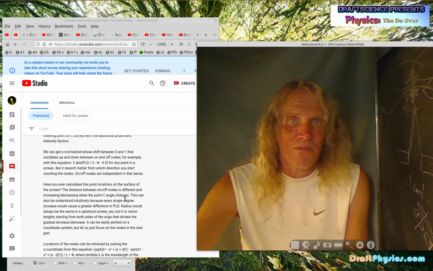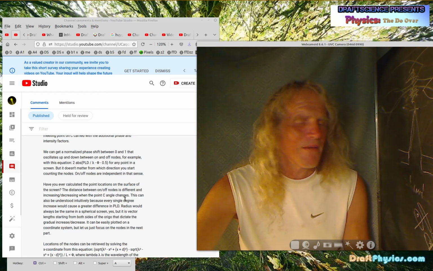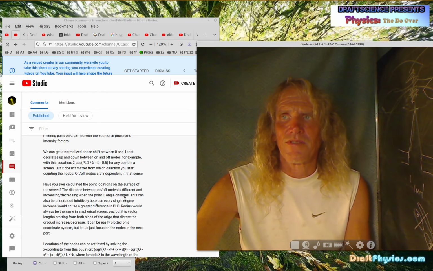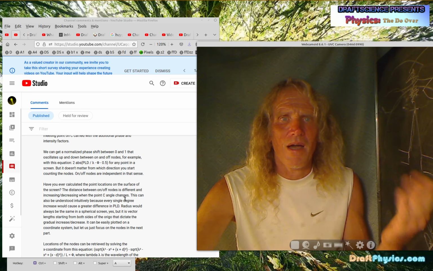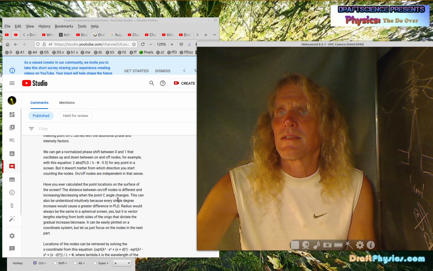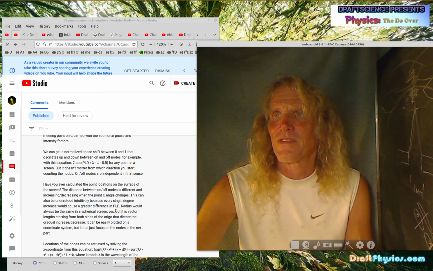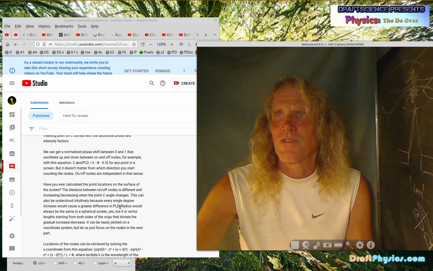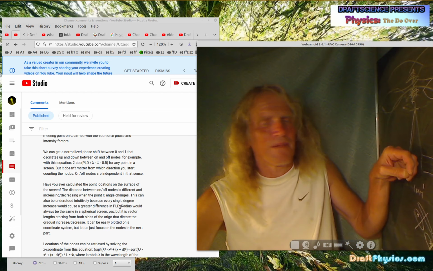So you have to show me how a near perfect ellipse can create different pi sections. This can also be understood intuitively because every single degree increase would cause a greater difference in PLD. Again, there's no such thing, as you pointed out, as a starting point.